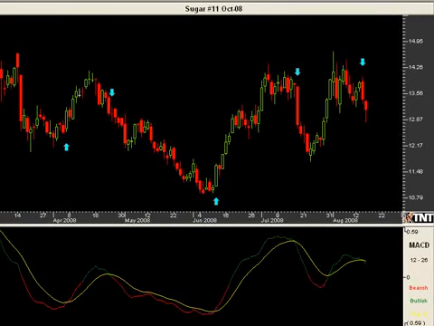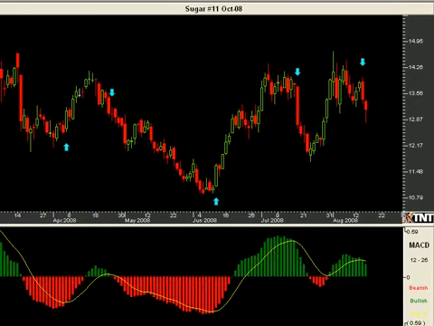The line chart would look like this, where it's the same idea, but it just highlights the extreme of the histogram. This other yellow line is known as the trigger line. That is yet another exponential moving average line, and it's supposed to tell you when you should buy and sell the market.